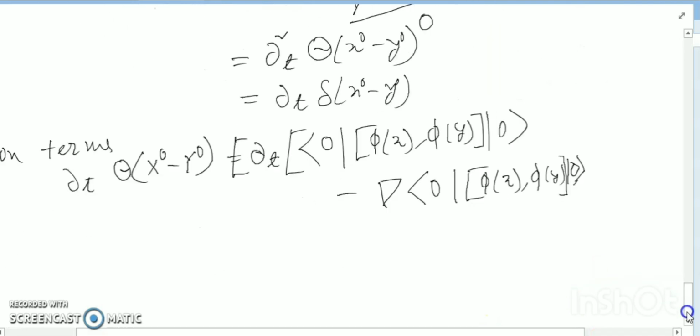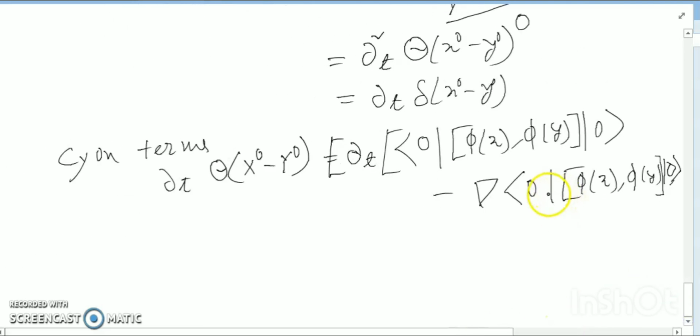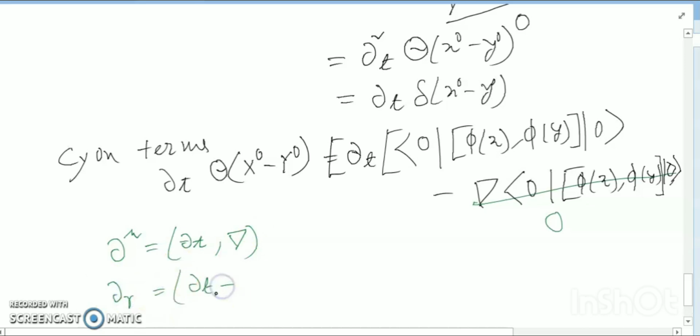Yeah, so this is the way. And now this term is zero. Okay, so remember, whatever we did, remember that del mu is equal to del t, and del nu is equal to del t comma minus t.